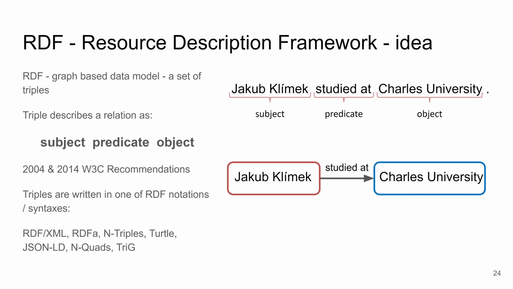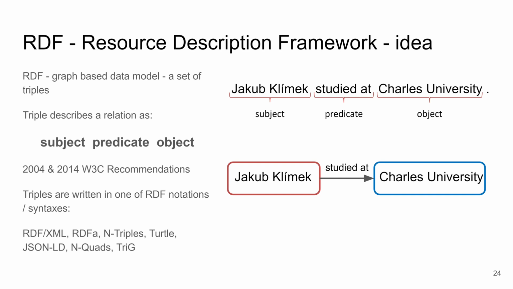Now, RDF is a data model. So it says that all data form a graph, and the data is represented by RDF triples. But this doesn't say how the data should be represented, for instance, in a text file, or how they should be transmitted over the internet. That is why there are syntaxes or serializations of the RDF data model, and actually there are 7 standard serializations of the RDF data model.